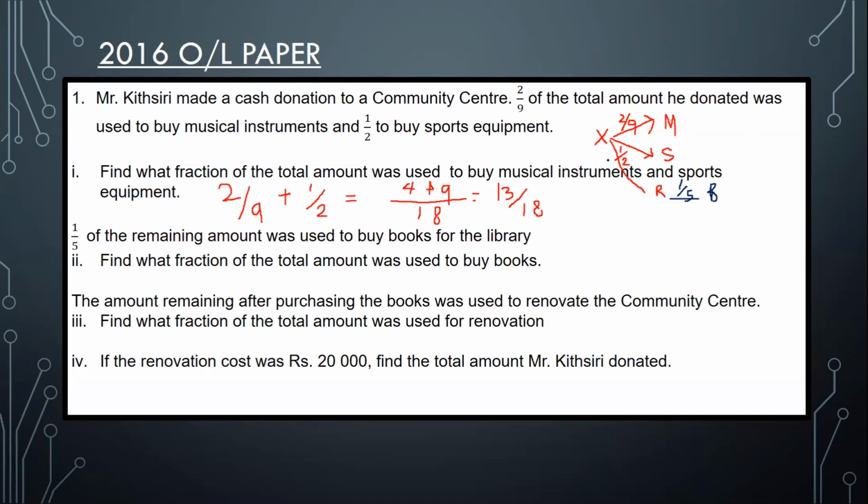So we can see 1/2 and 2/9 for musical instruments, and for sports, so 13/18 portion is used. So the remainder is 1 minus 13/18, which is equal to 5/18.